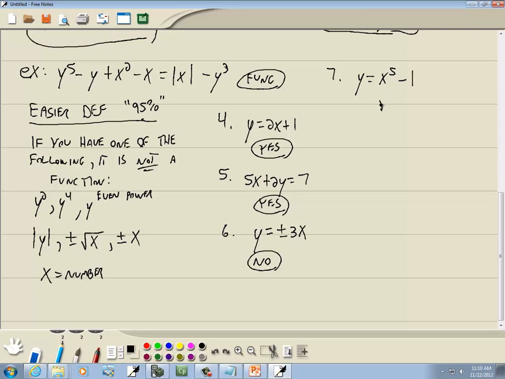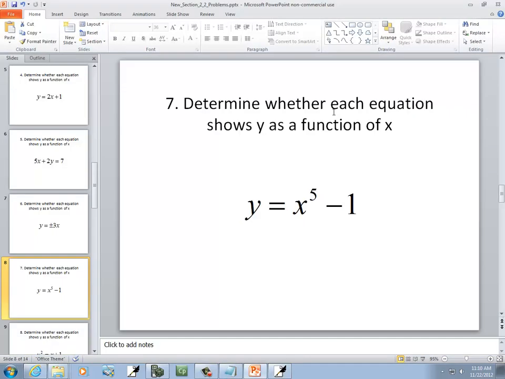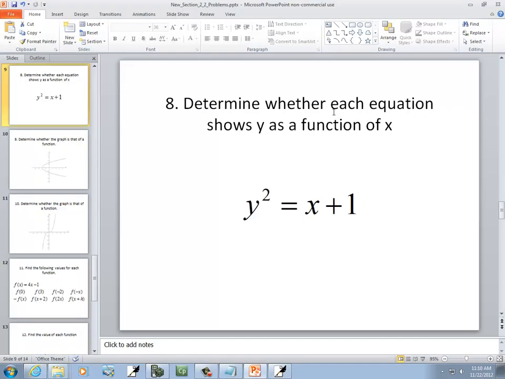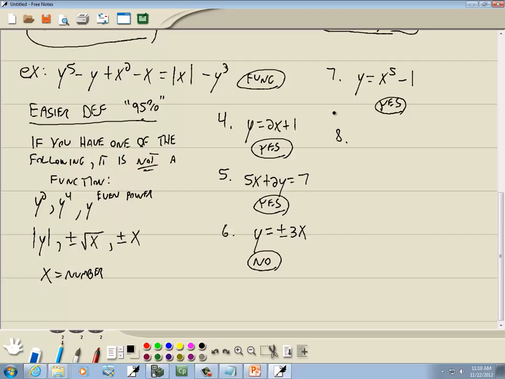So this is a function. Y squared is equal to x plus 1. We said we can't have y to an even power. So the answer here is no, it's not a function.